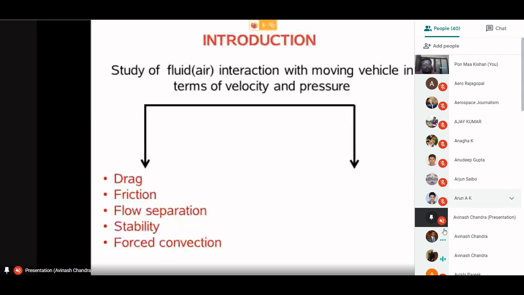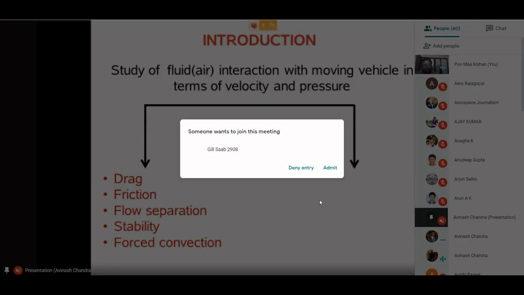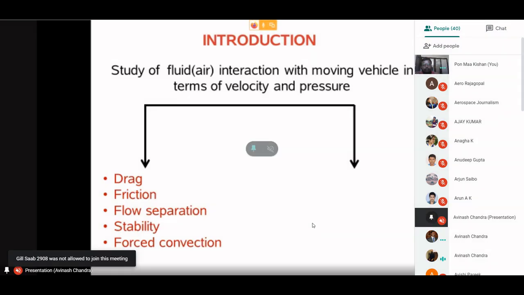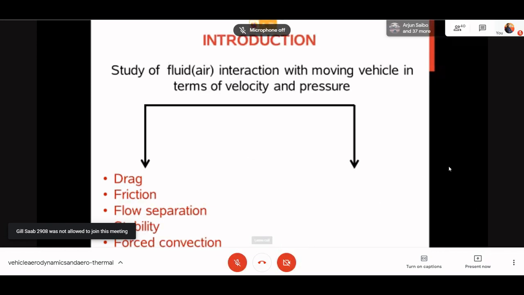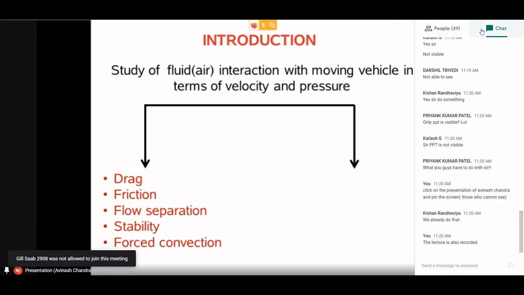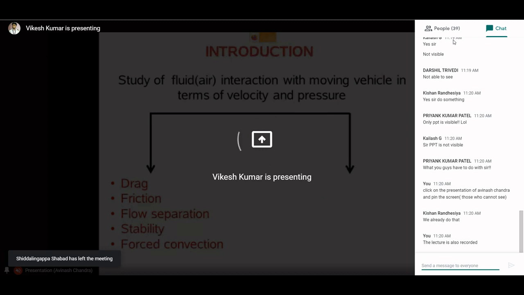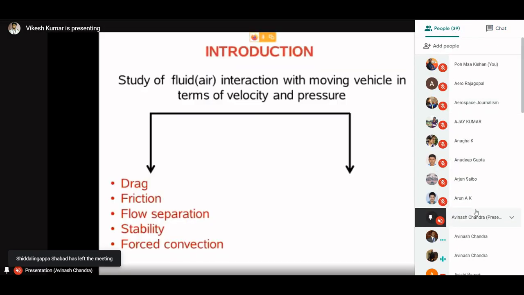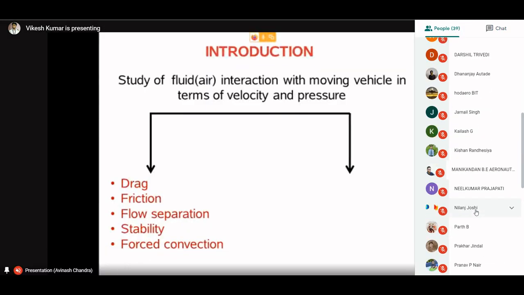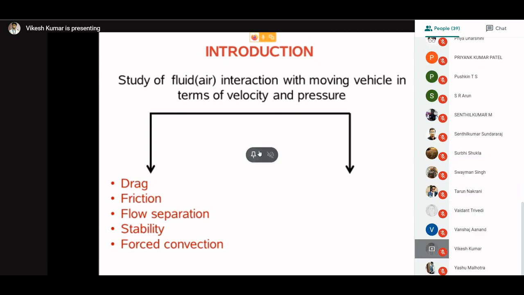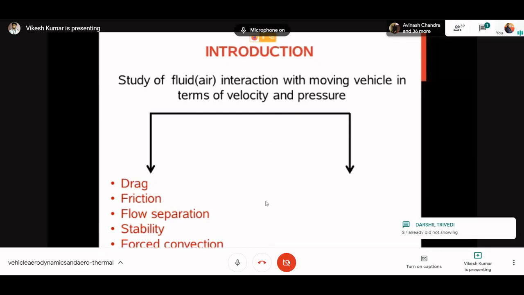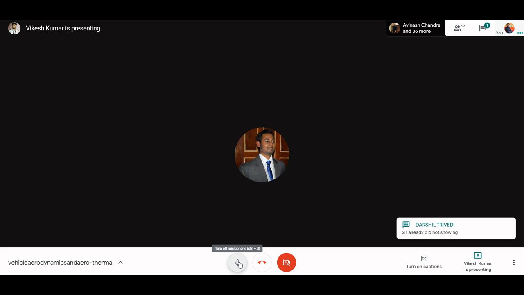I'll pause for a second then. Actually, there will be two names. Avinash Chandra, and in that bracket it will be mentioned as presentation. So you just click on the presentation. That's an issue with the account. They can't see the presentation.